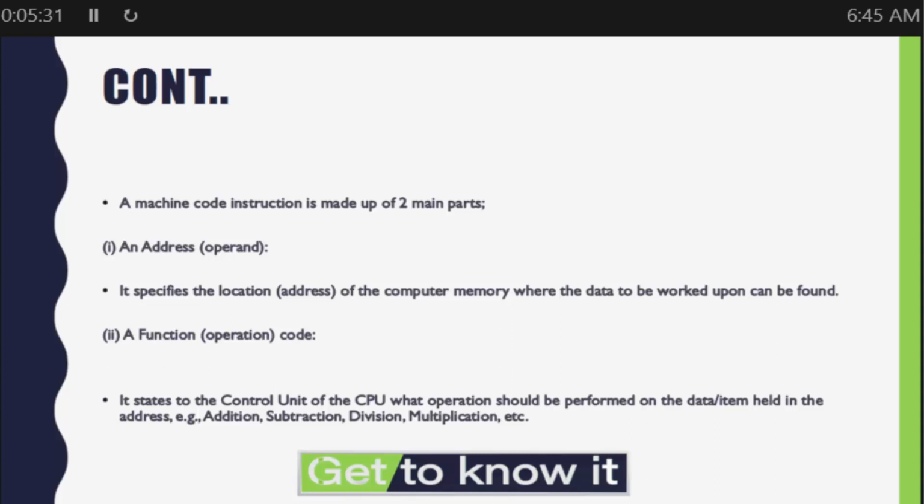Part 2, a function or operation code. This part usually states to the control unit of the CPU what operation should be performed on the data or item held in the addresses, e.g. addition, subtraction, division, multiplication, etc.